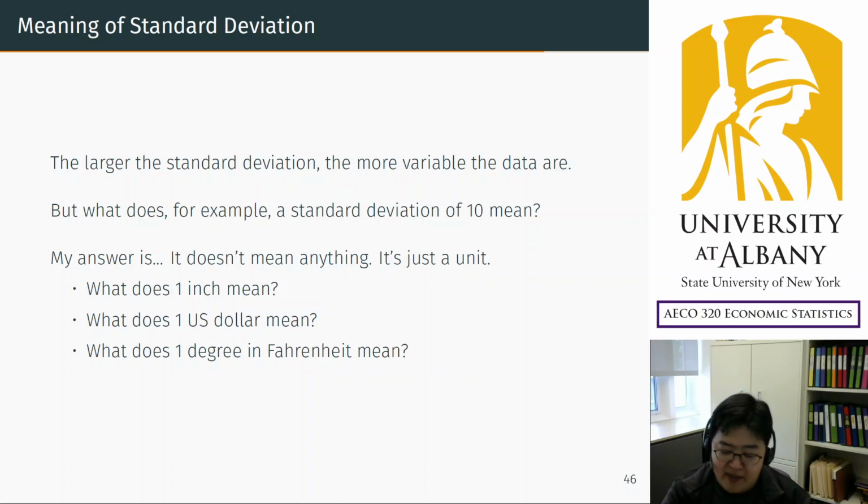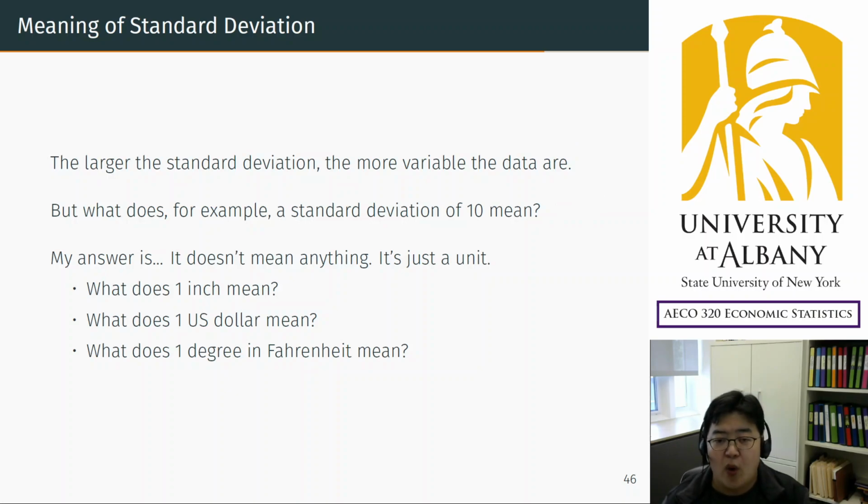The basic meaning is pretty intuitive. The larger the standard deviation is, the more variable the data are. So both the variance and the standard deviation are measures of variability, and they have the same interpretation.